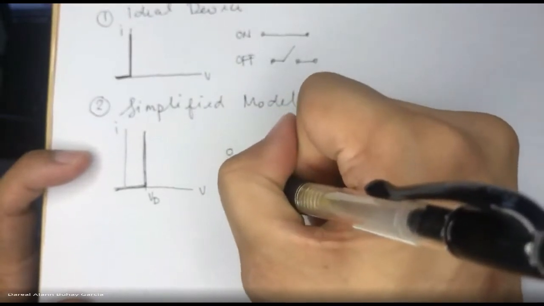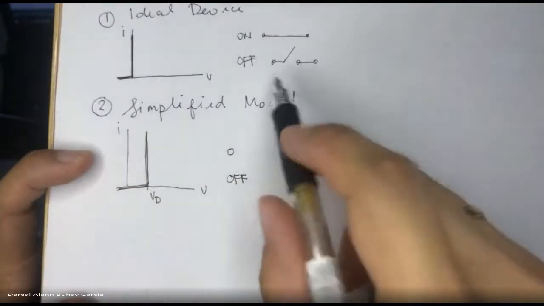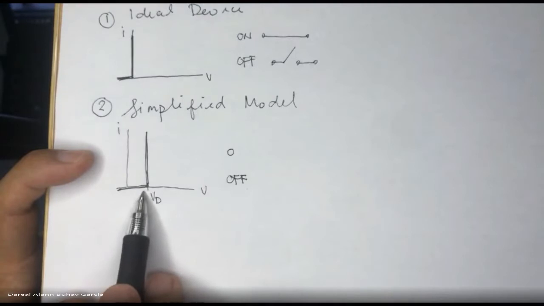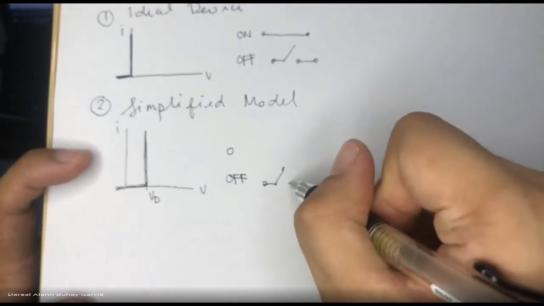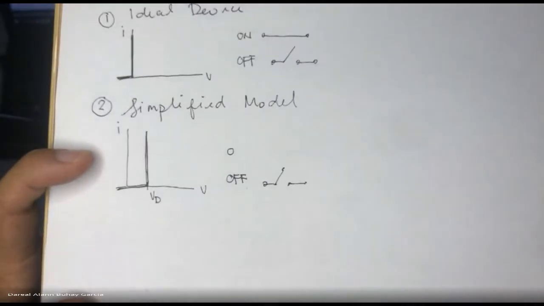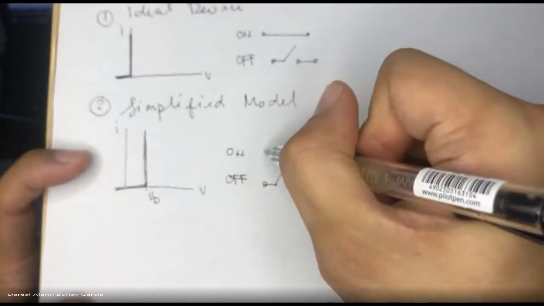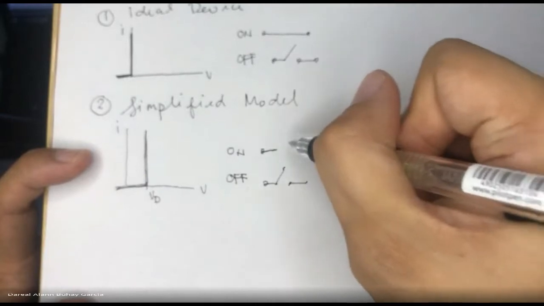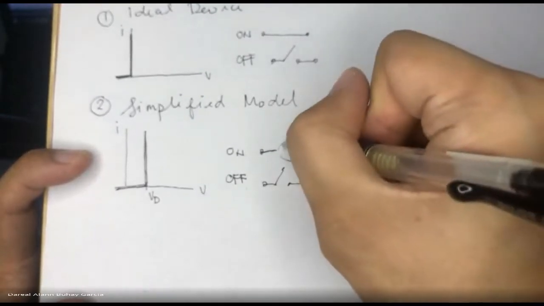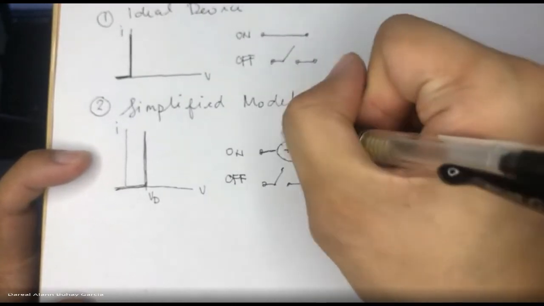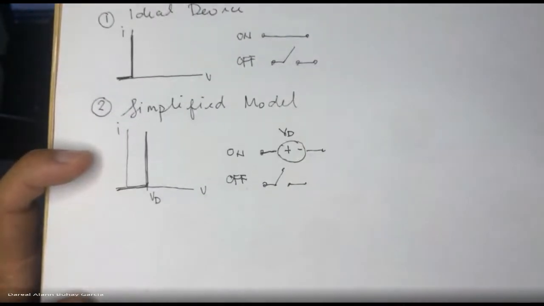When it is off, the same as the previous, no current, so open circuit. But when it is on, not only is it a short circuit, but it also has a voltage drop, VD, the diode voltage.